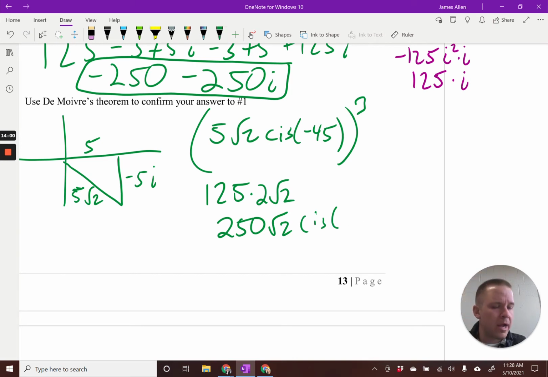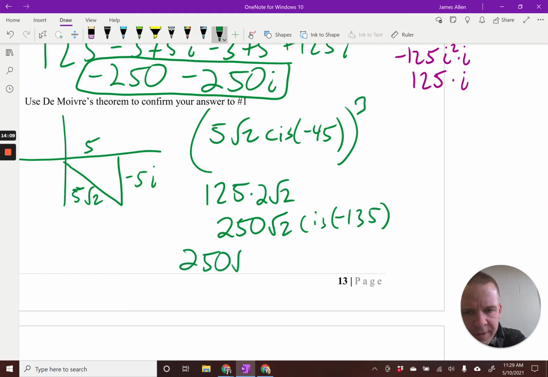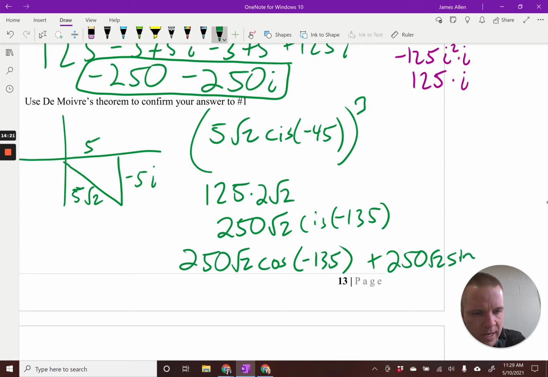Hold on now. Negative 45 multiplied by 3 is negative 135. All right, so now I'm going to break this apart like this. 250 root 2 cosine negative 135 plus 250 root 2 sine negative 135 i.